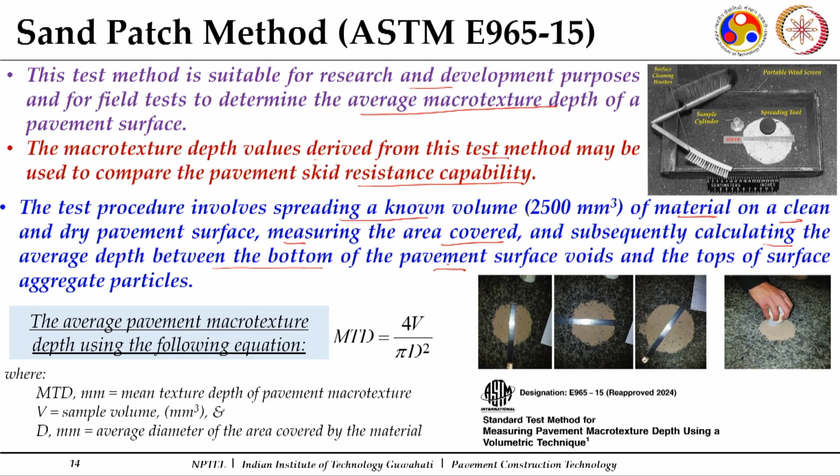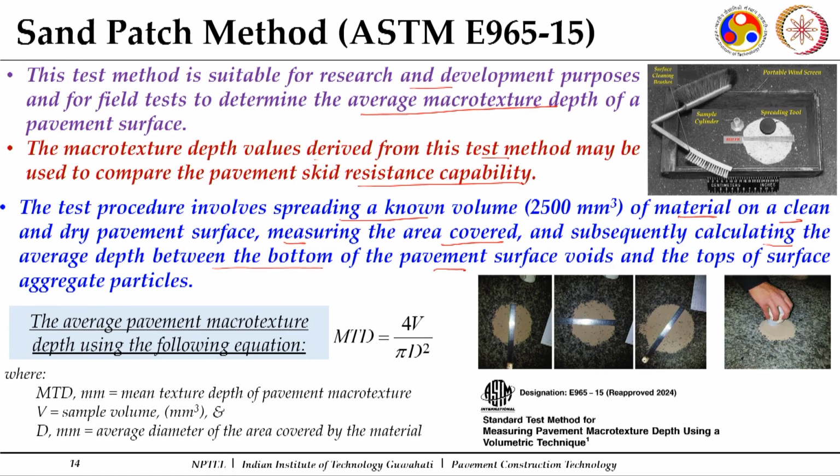Once the area is known and the volume is known, we can work out the average depth. That is what your mean texture depth can be worked out as. The average pavement macro texture depth is given by the following expression, where V is the volume of sand which is spread out, and D is the diameter over which it has been spread out.